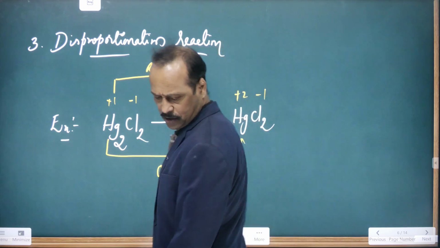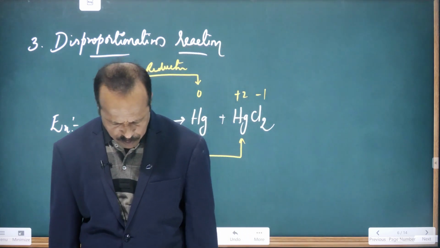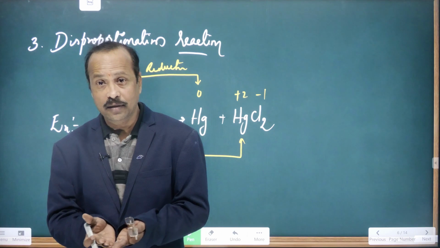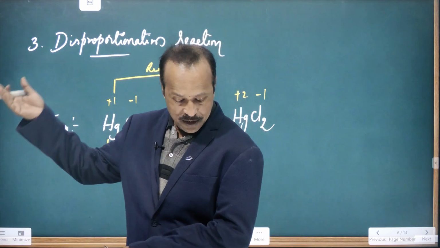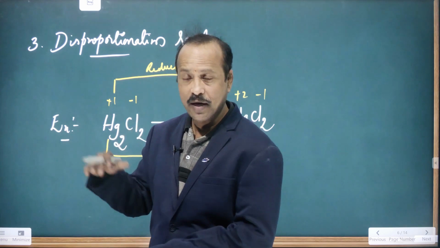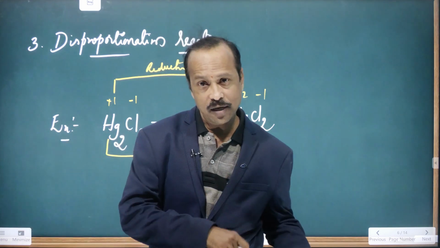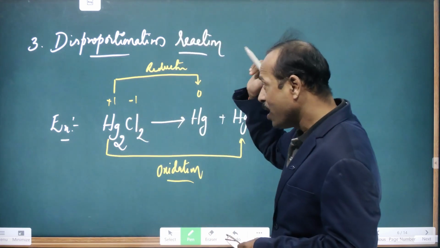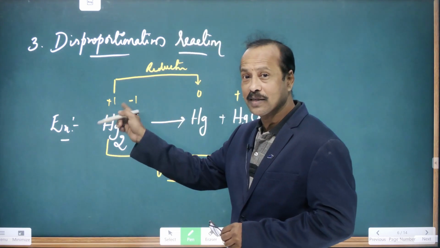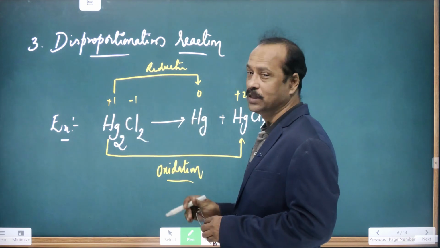Now what is the next reaction? The next reaction is a comproportionation reaction. Very easy, exactly opposite. Here, combination is opposite to decomposition, and disproportionation is opposite to comproportionation. Disproportionation is where one element from the reactant side undergoes both oxidation and reduction.